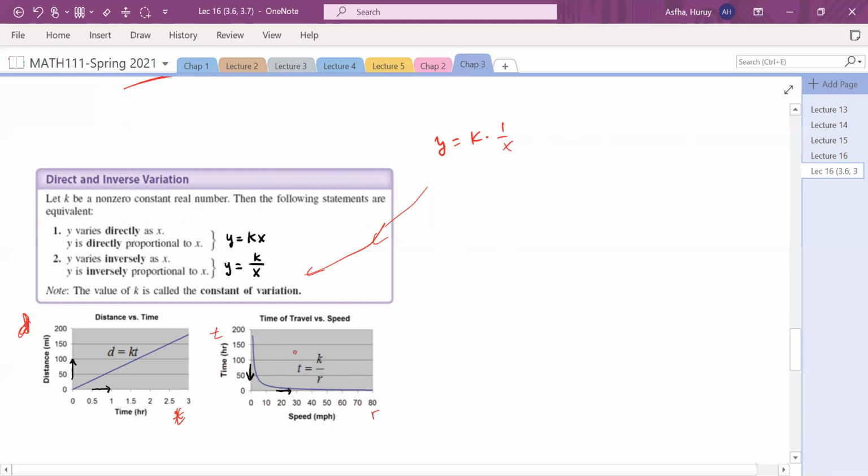Therefore this is what we call inverse relationship, or they vary inversely, or they are inversely proportional. But this one is they are directly proportional, or y varies directly as x.